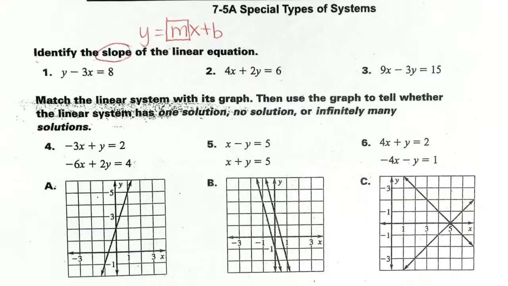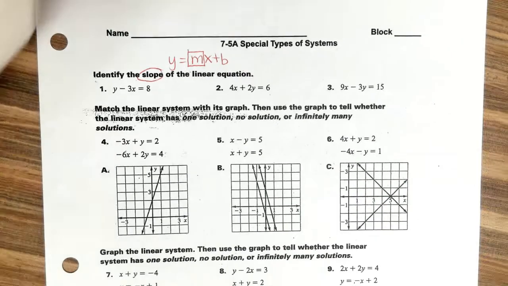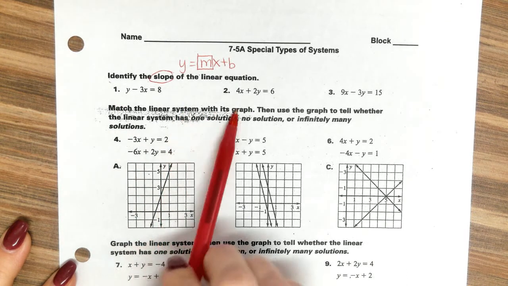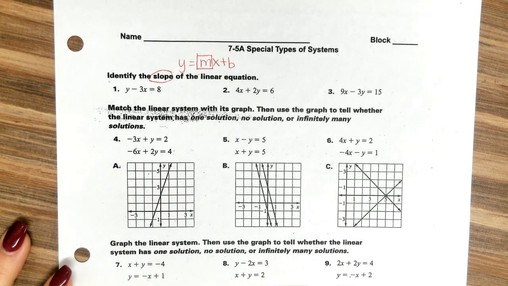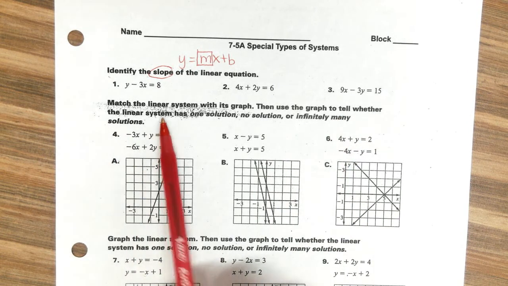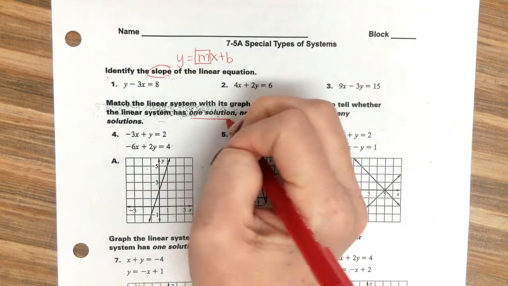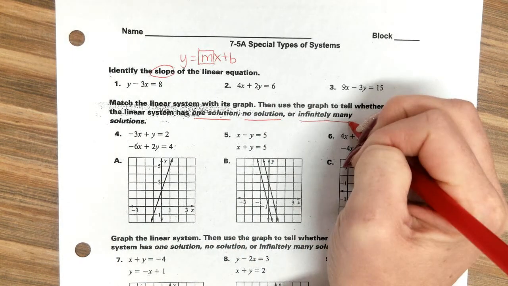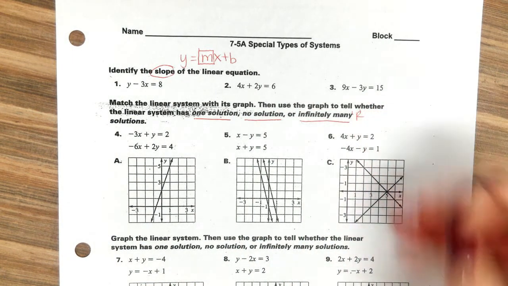Numbers 4, 5, and 6, your job is to match the system with its graph. Is that all it asks you to do? Then it wants you to use the graph to tell whether the linear system has one solution, no solution, or infinitely many, which you could put as all real numbers.